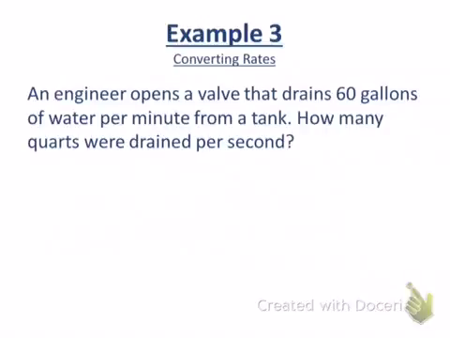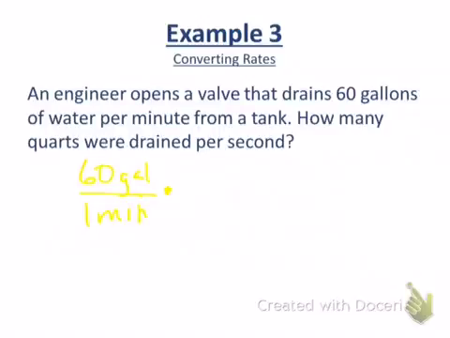All right, so let's do it just as meticulously as we would if somebody was really watching our work. 60 gallons per 1 minute, and we want to convert that to quarts per second. We got to use 2 unit multipliers, right? We need to convert minutes to seconds, and we need to convert gallons to quarts.